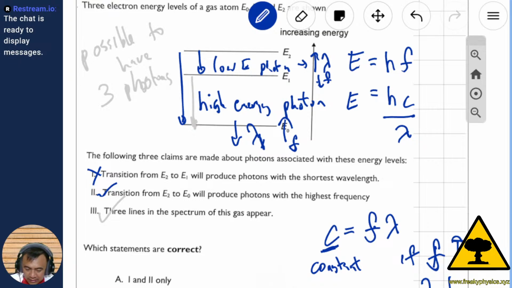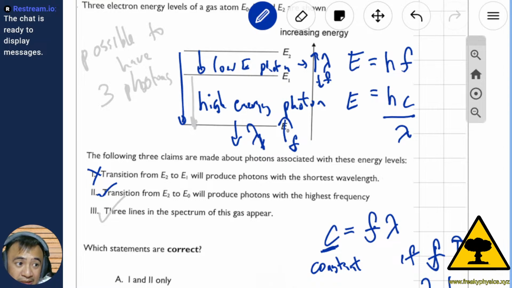So if we go back here: low energy, low frequency, high wavelength. Large energy, large frequency, low wavelength. That's how you remember that. So energy is low, frequency is high?